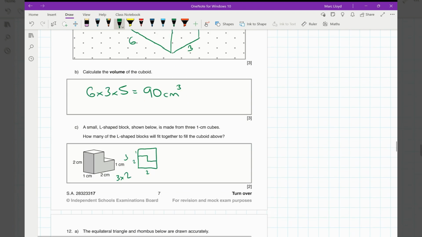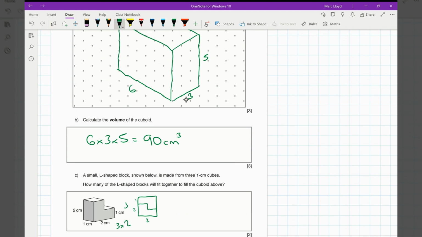And then if we look at the base of it, I'm going to change the colour of my pen. I did not change the colour of my pen like I said I was going to. Please work. 1, 2, like that. So we can fit 3 of them, and they're going to go up to that bit there.